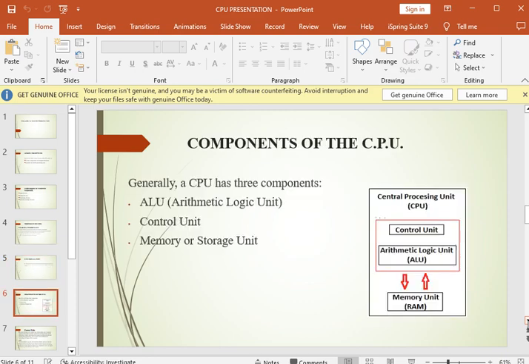We move to components of the CPU. There are three. We have the ALU, that is arithmetic logic unit. Then we have control unit and memory or storage unit, as you can see in our chart here.